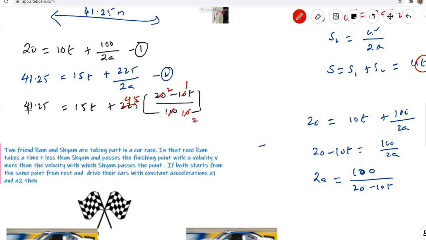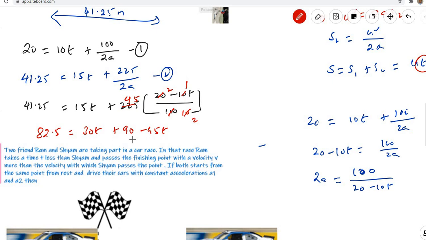If I cross multiply this, I think you get it as 82.5. Okay, 82.5 is equal to, I'm taking LCM. This is 30t plus, you just cross multiply that. So this is 2 minus t. So again there is 90 minus 45t.